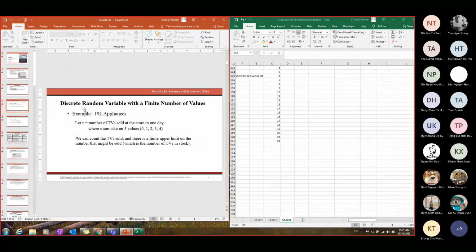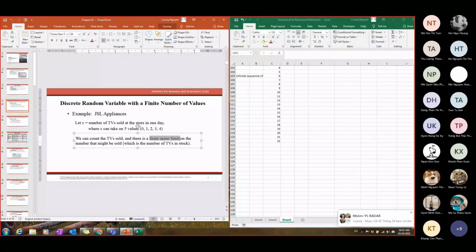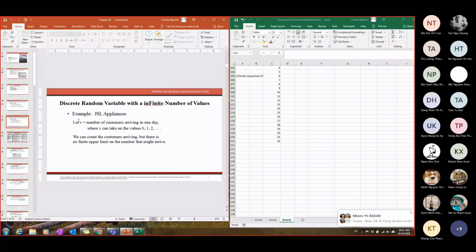Okay, for example, the discrete random variable for the finite number, that should be number of TV sold in the store. Okay, it can take whatever, like from 1 into 4, because they have just 4 the TV in the store. So they have a limit upper, the finite limit upper for the number of TV can be sold out. Okay, and for infinite number of values, so we have talked about the customer arriving in one day for the store.